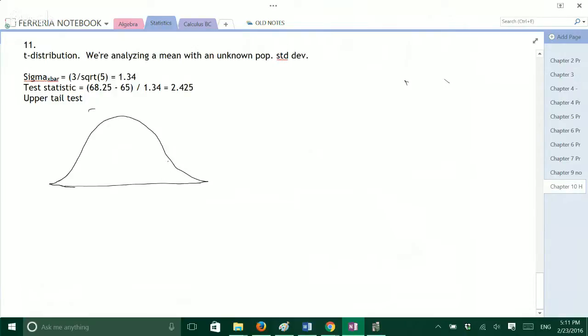That looks horrible. We're saying that the rejection region should have an upper tail area of 0.05.